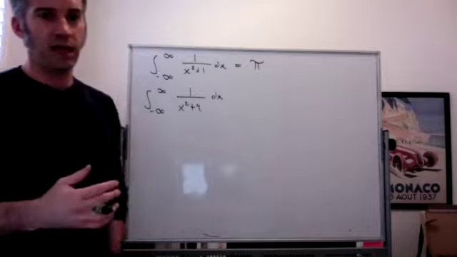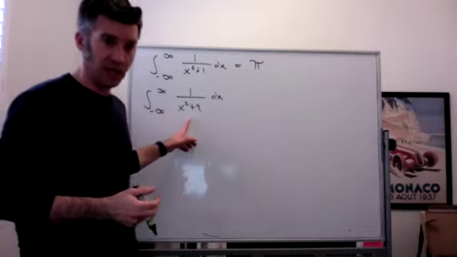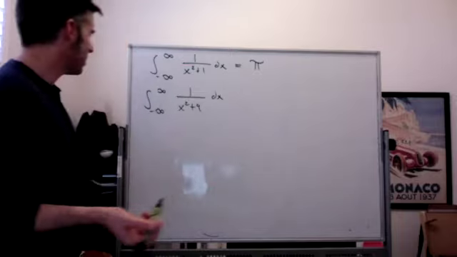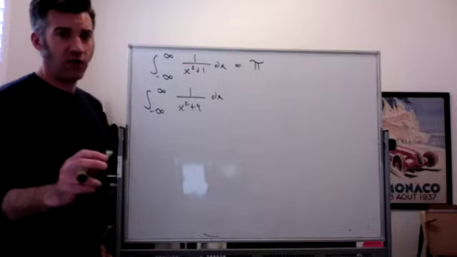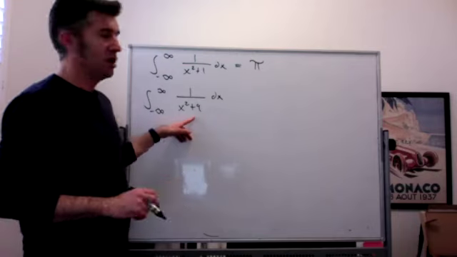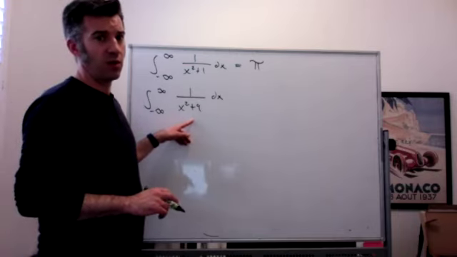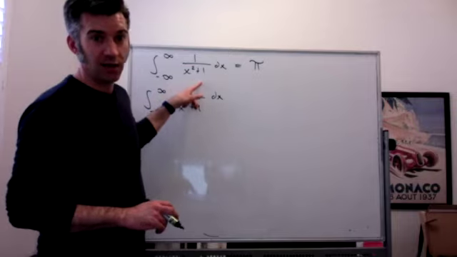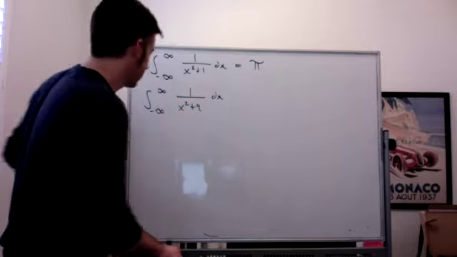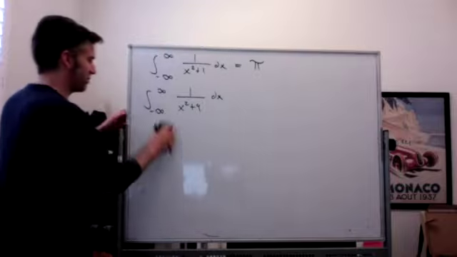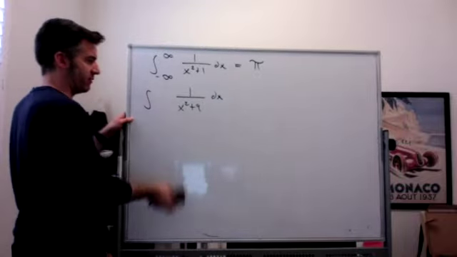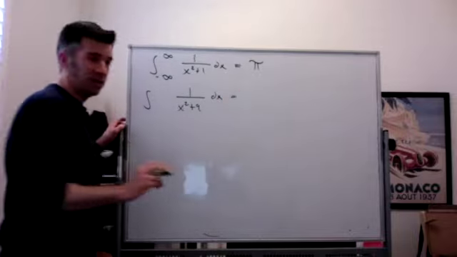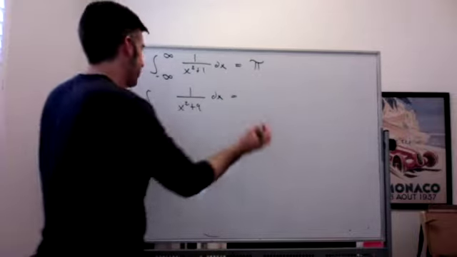I'm pretty sure this is in your table of integrals, like 1 over x squared plus a squared. But here's the idea. If you're trying to integrate something like this, you want it to look like 1 over something squared plus 1. But we have plus 9. So I'm going to forget about those limits of integration for a second. This is where I think the tricky part happens.